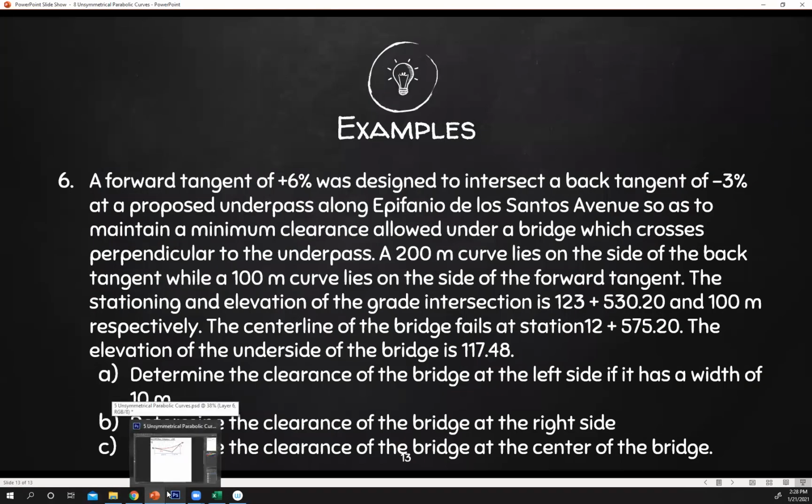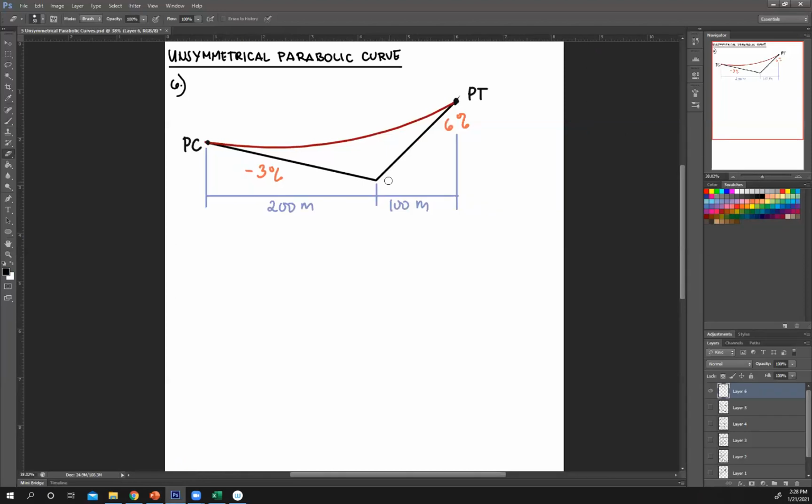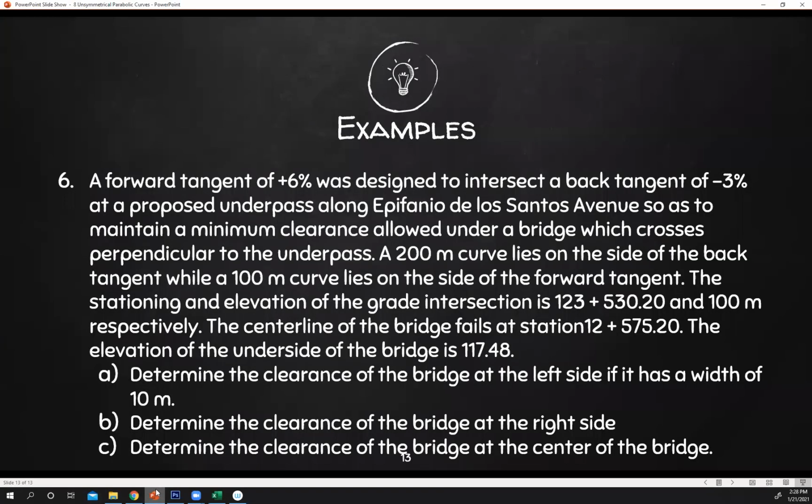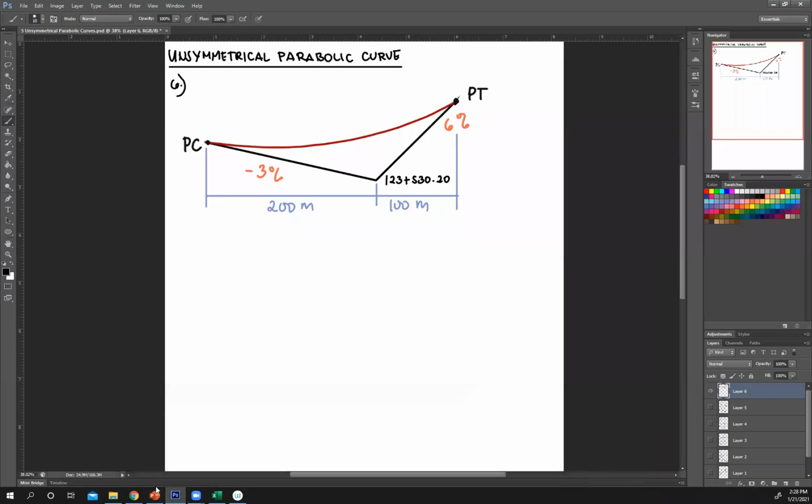Stationing and elevation of the grade intersection: 12 plus 530.20, and a hundred meters elevation.